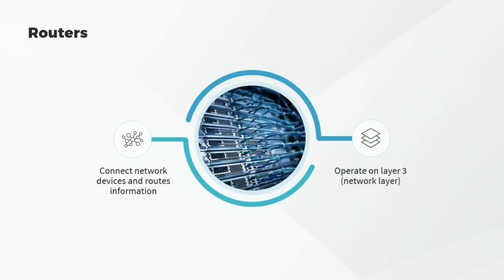But if the first group of 10 were using addresses such as 192.168.1.1 through 192.168.1.10, and the second group of 10 were using 192.168.2.1 through 192.168.2.10, then that addressing scheme would define two separate networks, and a router would then be required to connect them.